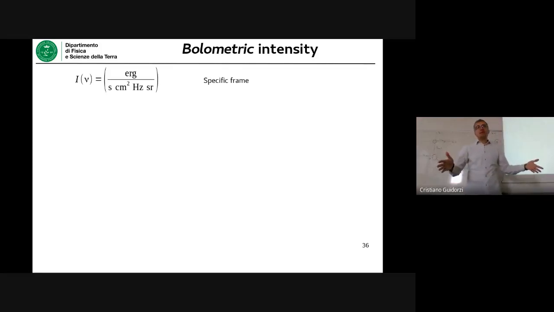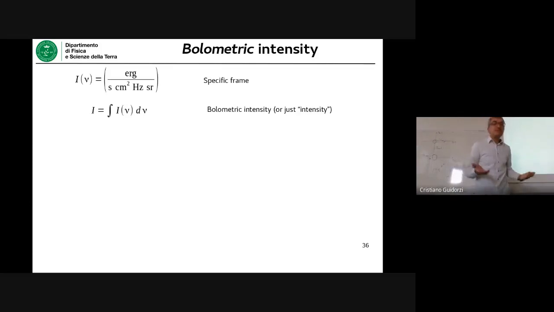So having said that this is the specific intensity, and in this sense the word specific is always referring to frequency, so specific means per unit frequency. Here, the word specific drops, and instead you have bolometric. It means you are integrating over the electromagnetic spectrum.